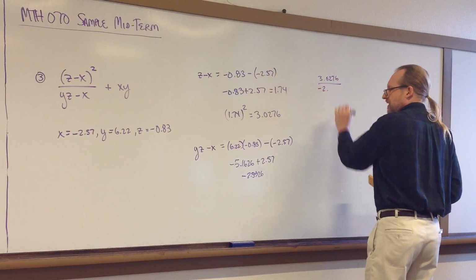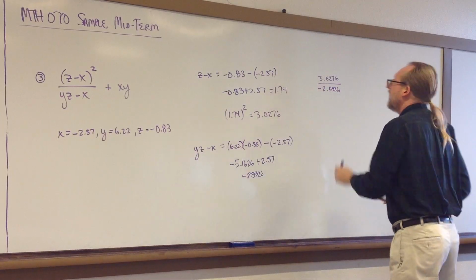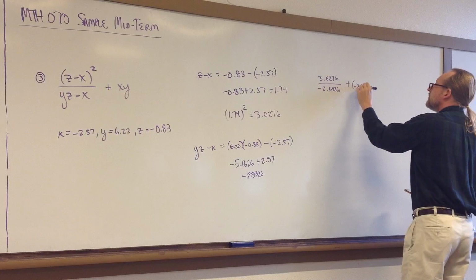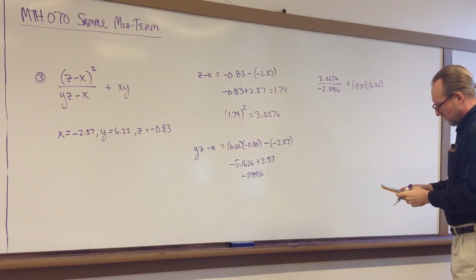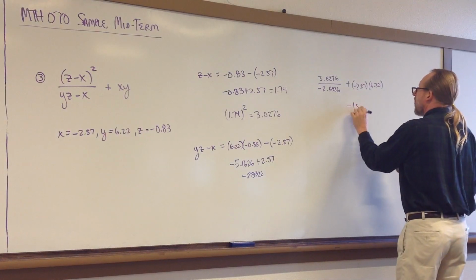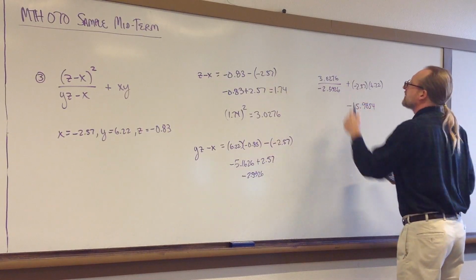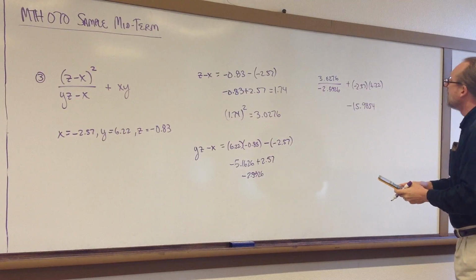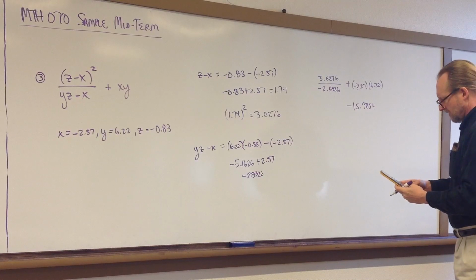So far we've got 3.0276 over negative 2.5926, and then plus xy. So that's going to be negative 2.57 times 6.22. Negative 15.9854. And let's go ahead and divide this. 3.0276 divided by negative 2.5926.